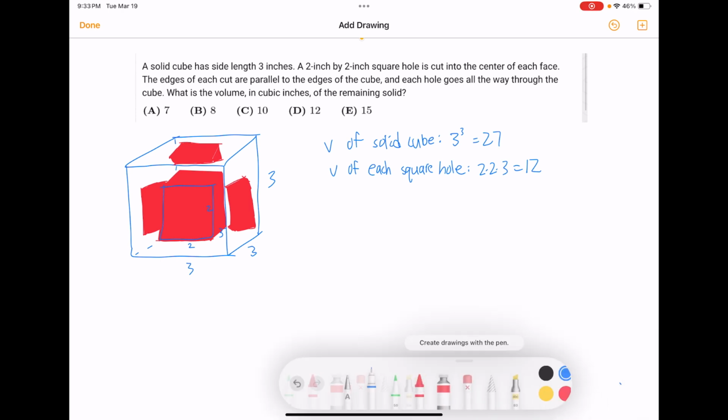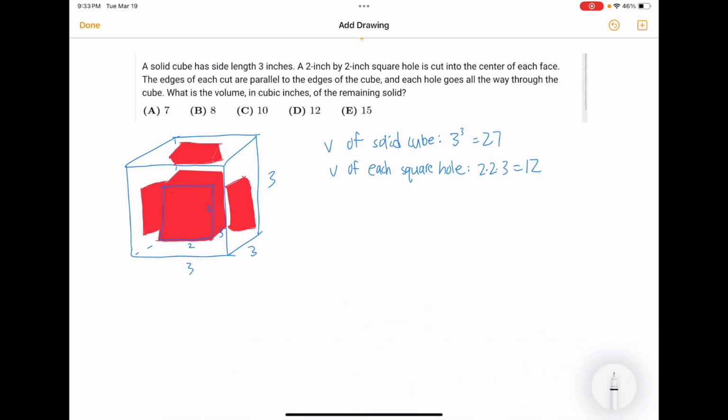And this is because, look at it this way. The square hole that starts on this side right here would go all the way through, and it would end on the opposite side. But then the square hole coming from the opposite side would come all the way to this side right here.